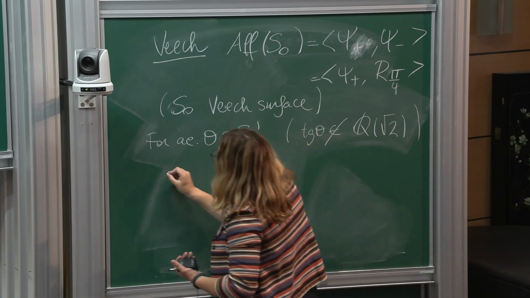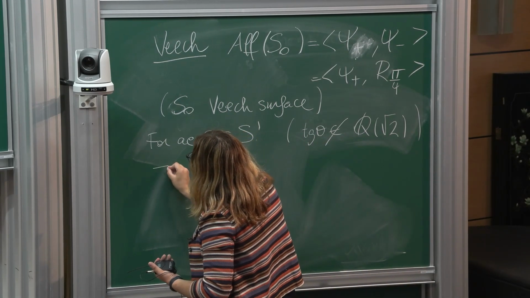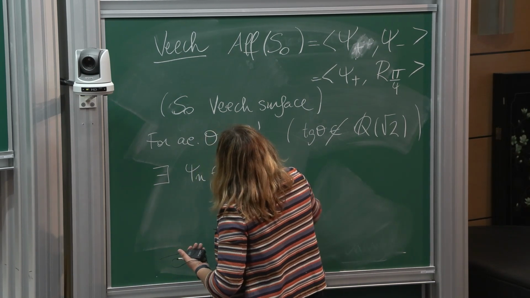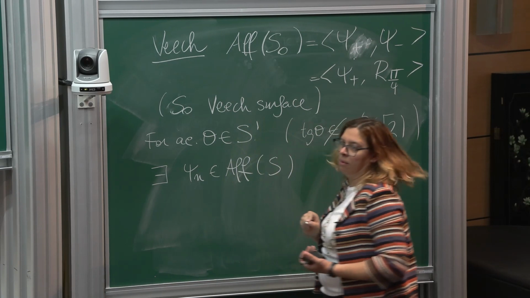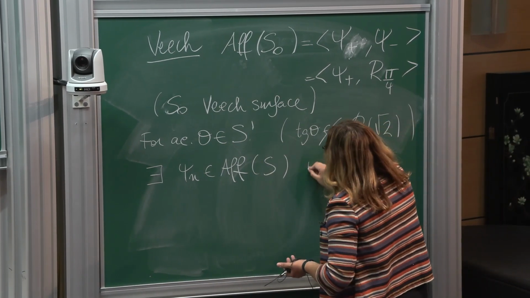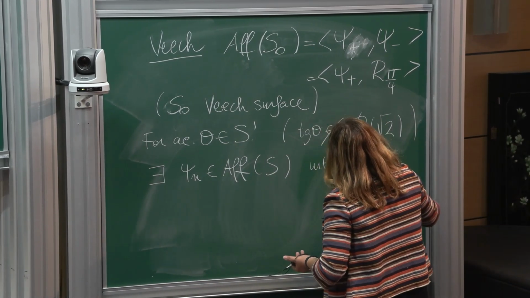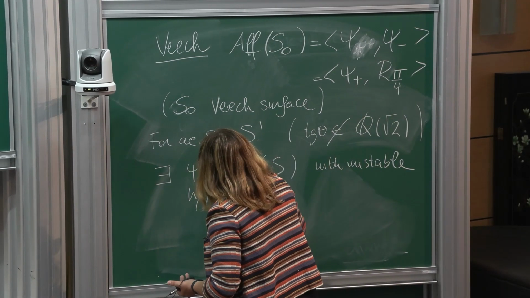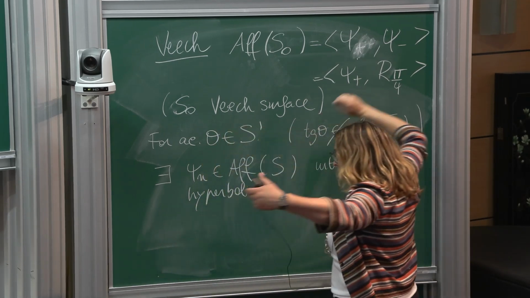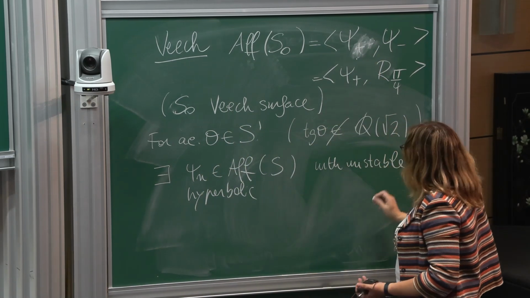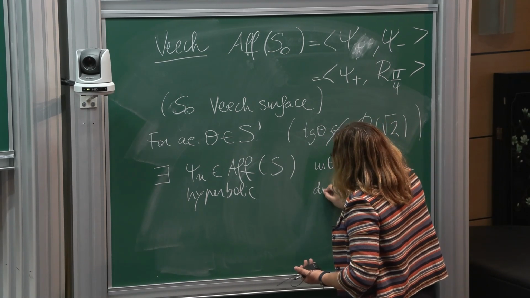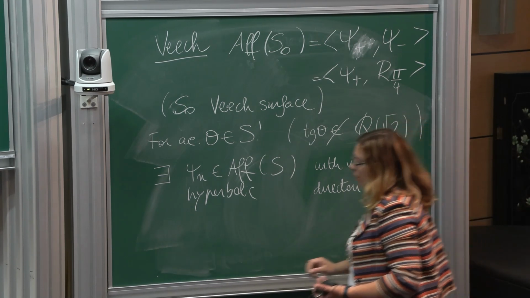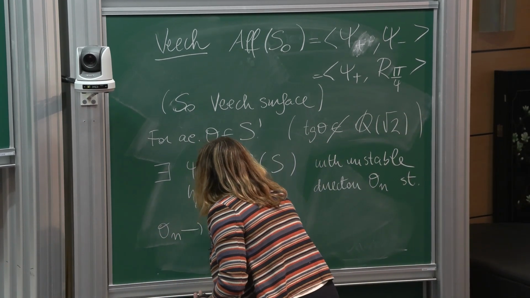But maybe there exists a sequence psi n of affine maps with hyperbolic derivative, which means it expands one direction and contracts another, with unstable directions theta n, such that theta n approaches theta.